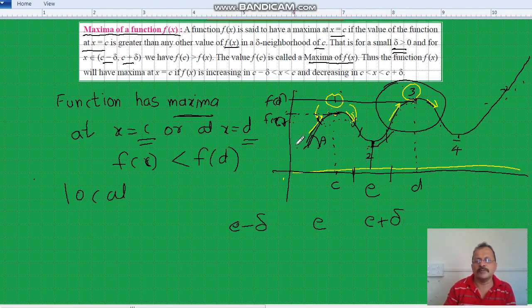This is for minima. That is, for minima towards left the function is decreasing, and towards right the function is increasing. And for maxima, towards left the function is increasing, and towards right the function is decreasing. Let us use this fact and develop a test for maxima and minima.